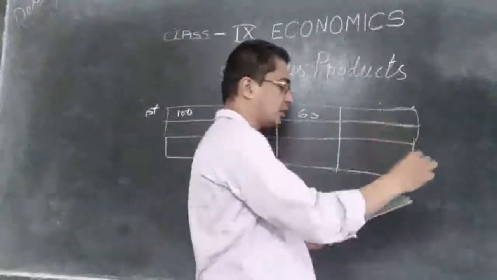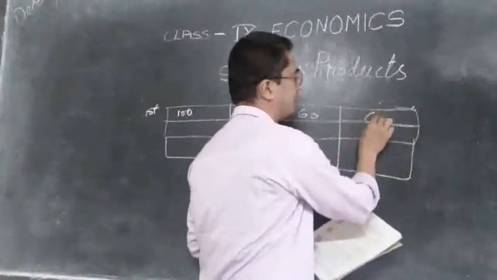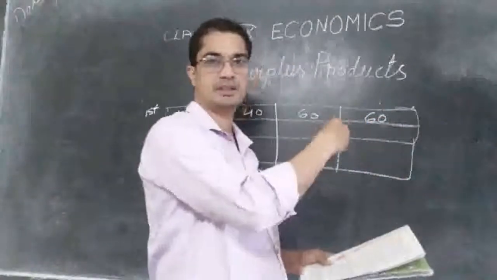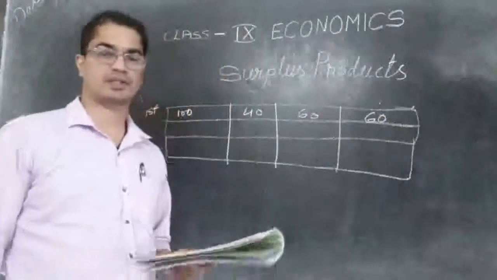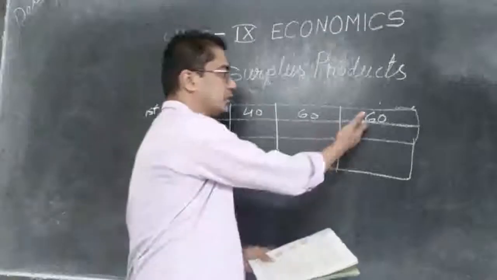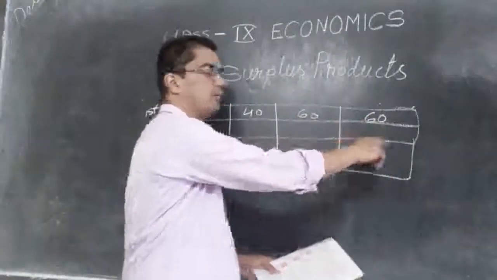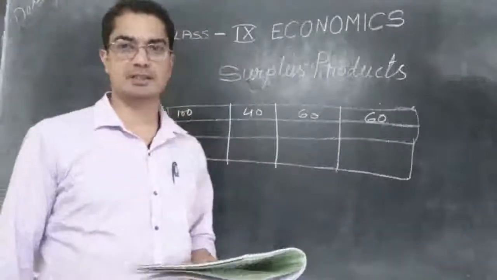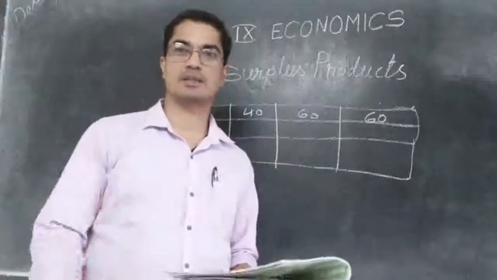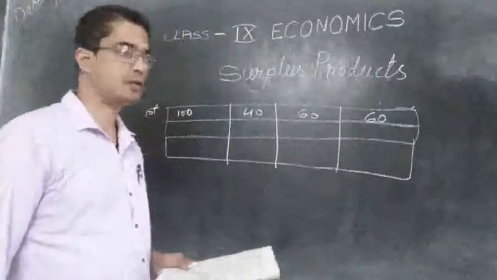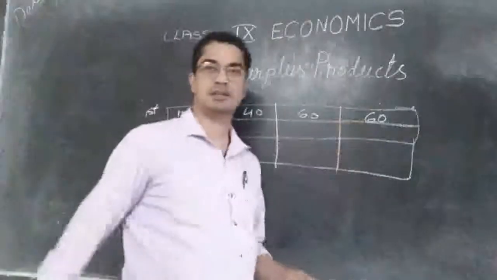So he has capital, that is kept as capital for next year. Or if not selling, he can also keep it as seed. So for next year he has 60 kg of paddy for starting his cultivation. He is going to begin with this in the second year.